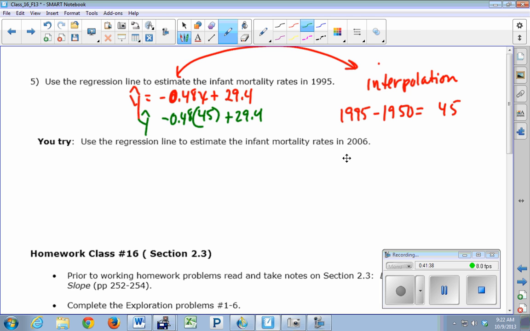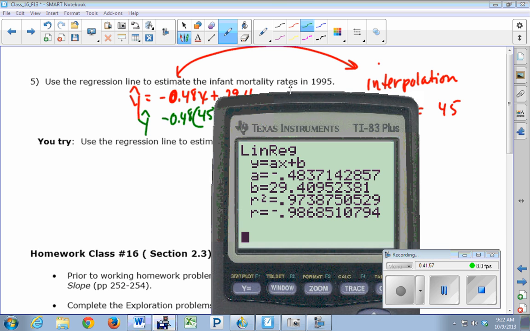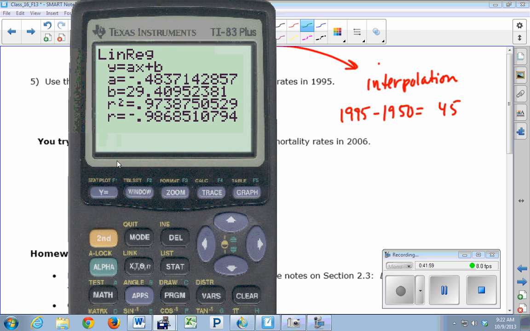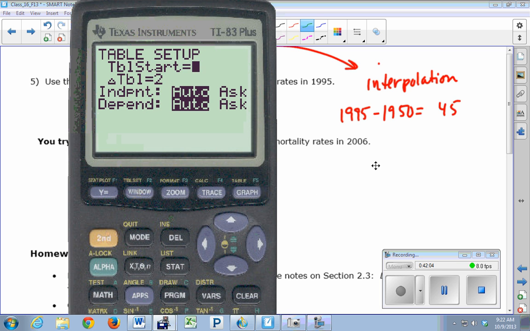Well, if I didn't lose my calculator, I could have just gone to my table, because I already got Y1 in there, and just put in the number 45 and saved myself a little bit of work. Oh, look, maybe I still have it here. Let's see if it's this one. Yes. So I can go to my table, and what am I interested in? 45.